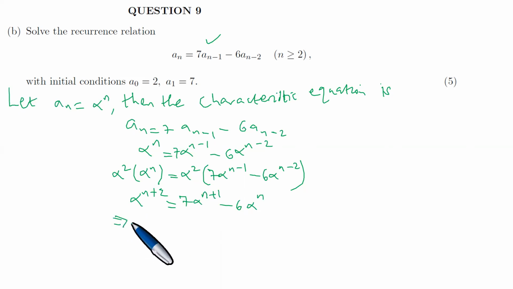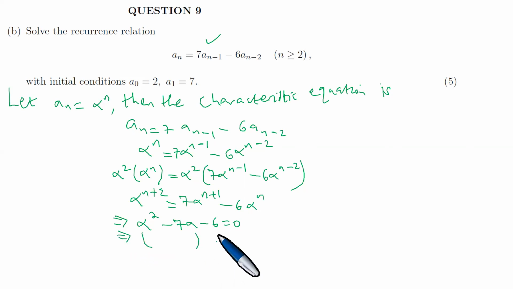This means you have alpha squared minus 7 alpha minus 6 equals 0. We can simplify by eliminating alpha to the power n from this equation.